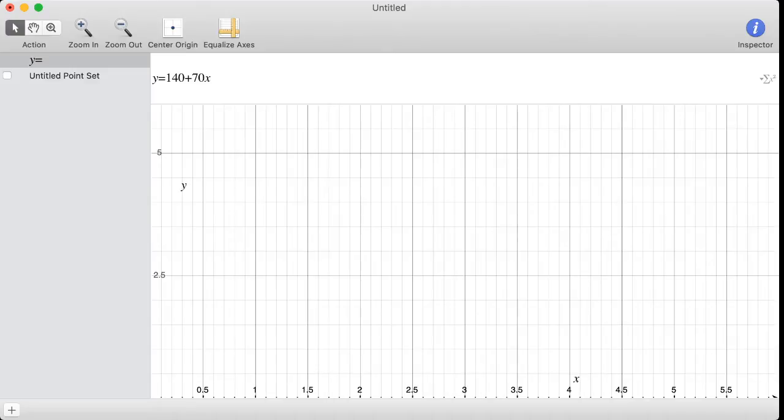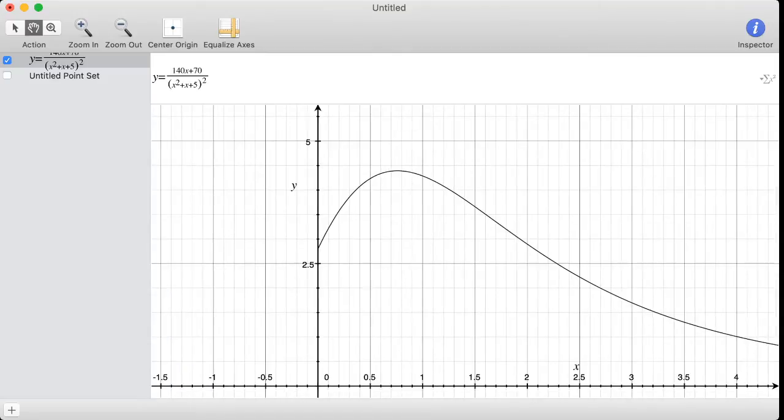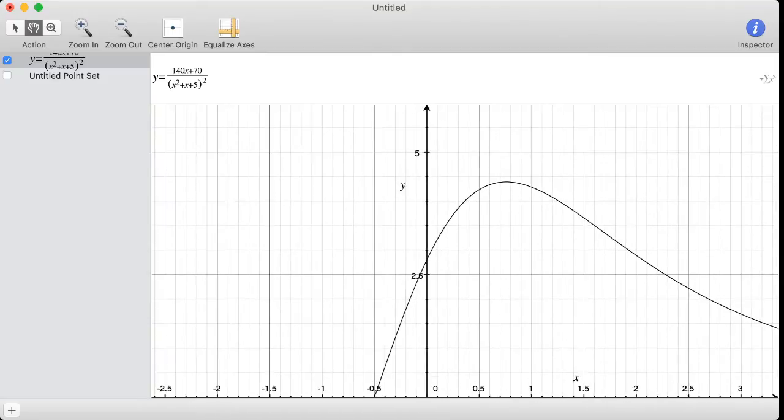That's not quite what I want, so I'll put the over first: 140x plus 70, divided by x squared plus x plus 5 quantity squared. Remember, we want this between -1 and 1, so let's look between -1 and 1.